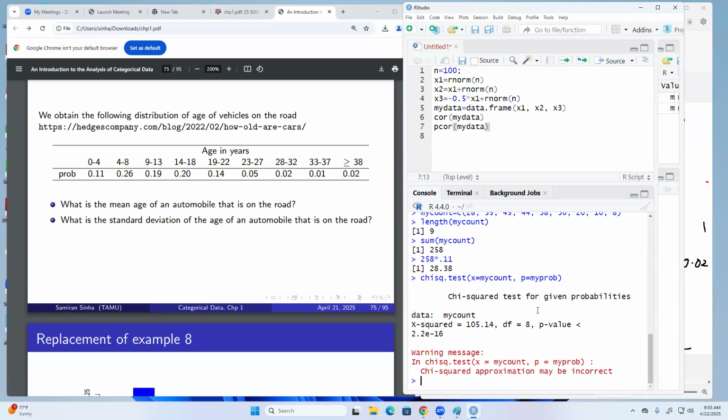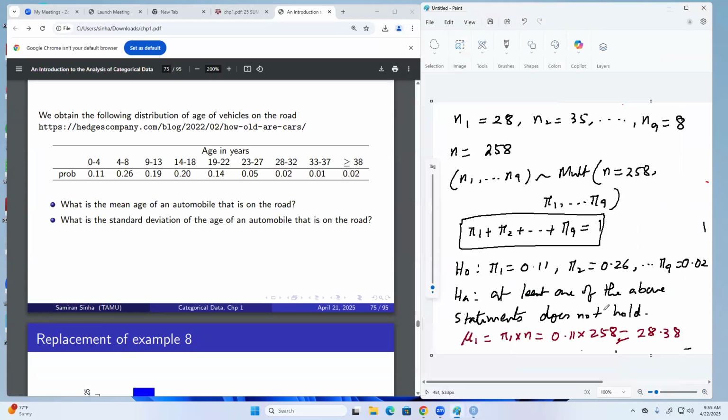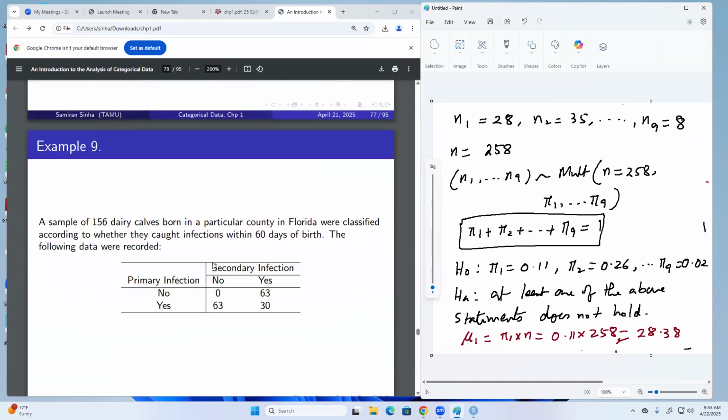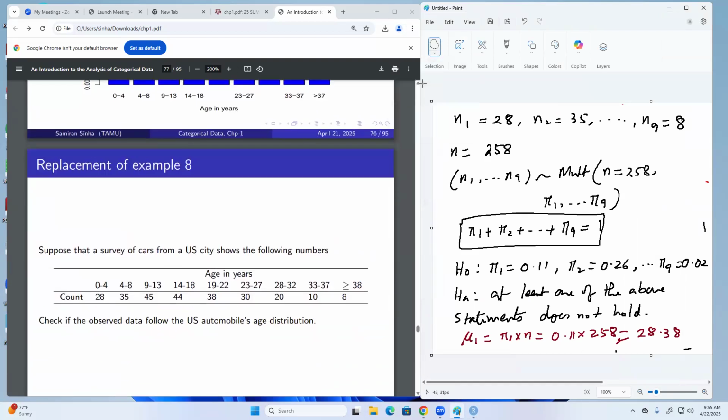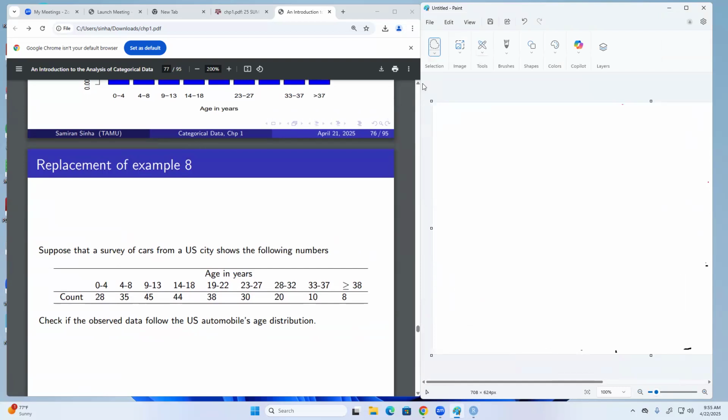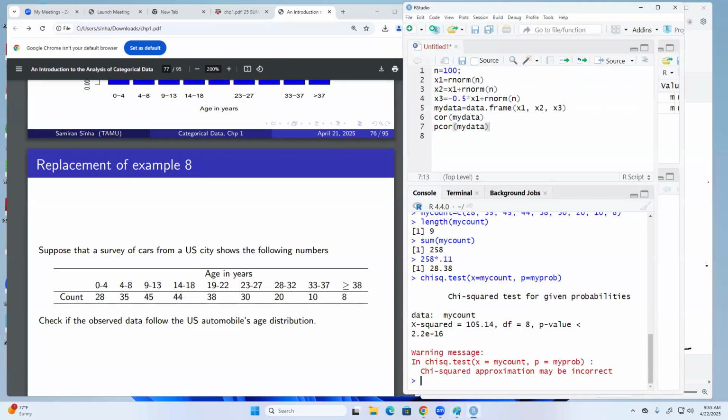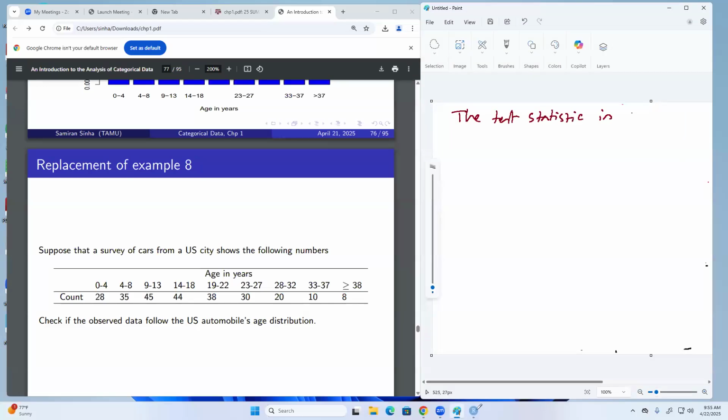Therefore, you reject the null hypothesis. So the test statistic is 105.14.